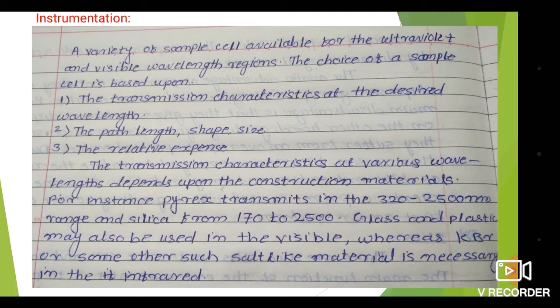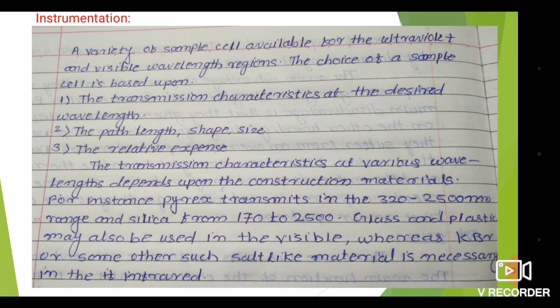For instance, Pyrex transmits in the 320 to 2500 nanometer range and silica from 170 to 2500. Glass and plastic may also be used in the visible, whereas KBr or some other such salt-like material is necessary if it is infrared.